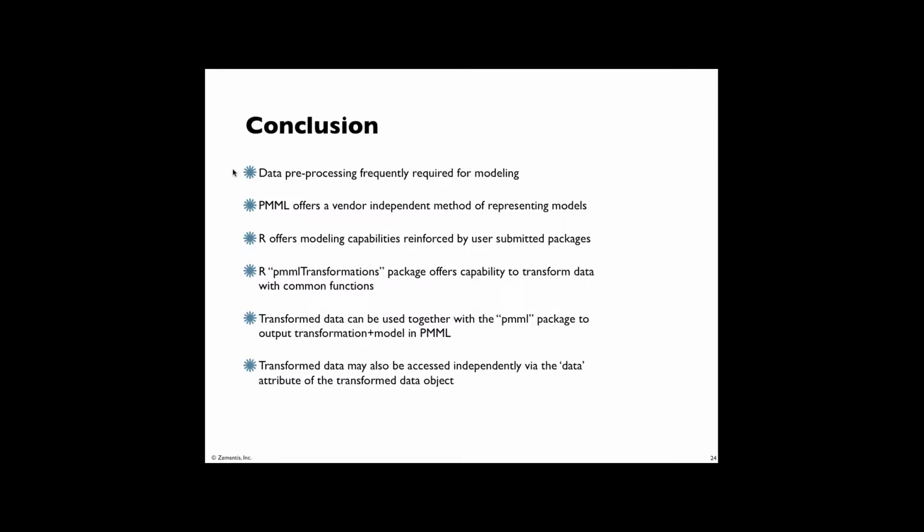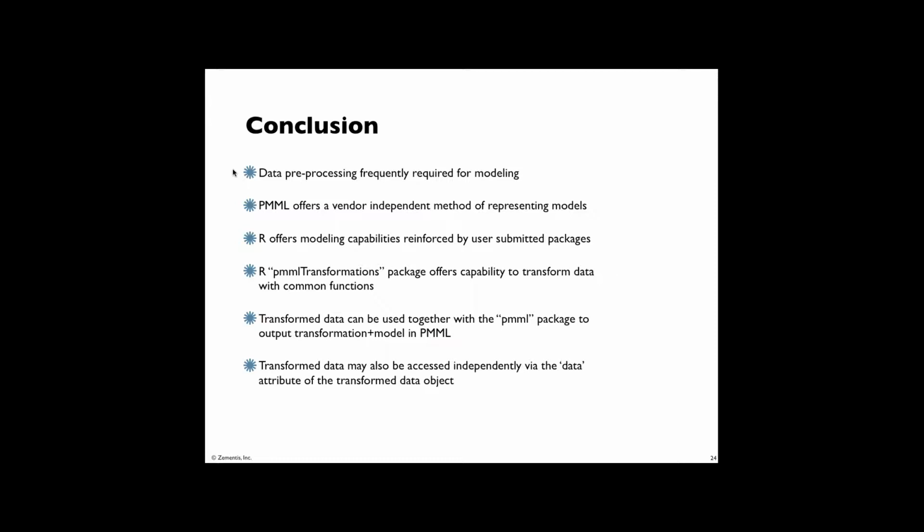I want to emphasize here, this is linked closely to the PMML package, which is why I kept showing all the output PMML. But the transformed data can also be accessed directly by you for any other purpose. As I showed, the data is available in the data attribute of the transformed object.